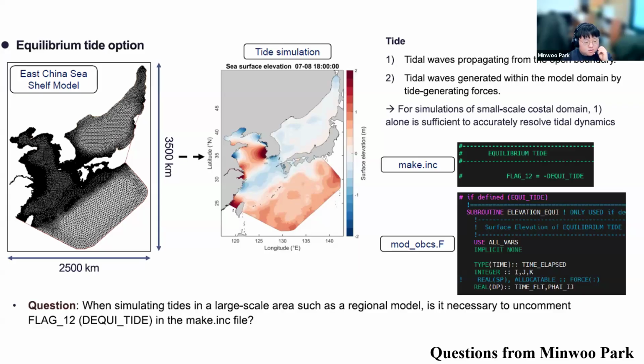While open boundary conditions are sufficient for tidal reproduction in small-scale coastal models, I am unsure if the same approach provides enough accuracy for larger regional domains. In this regard, I would like to know if it is mandatory to consider the internal tide generated pulse option, the flag 12, for regional model simulations.